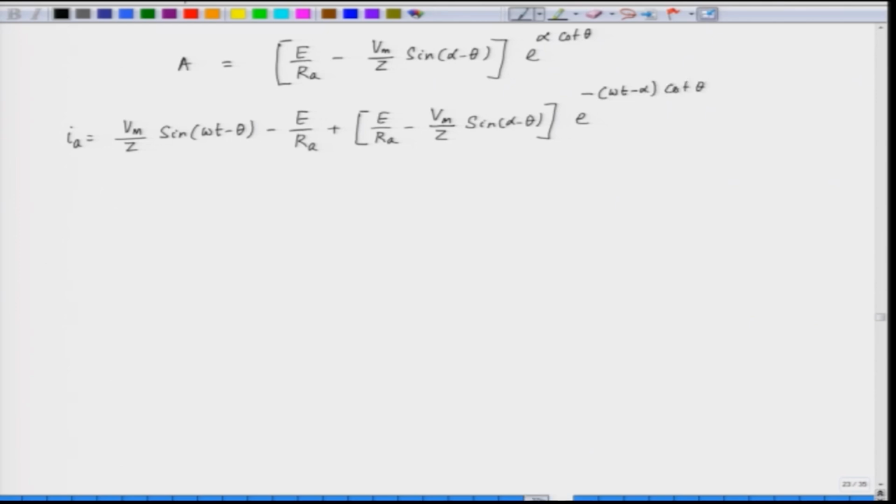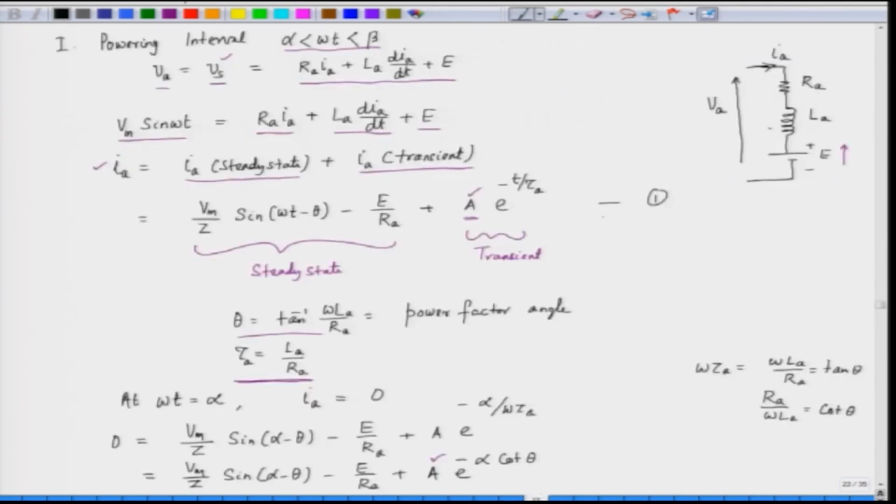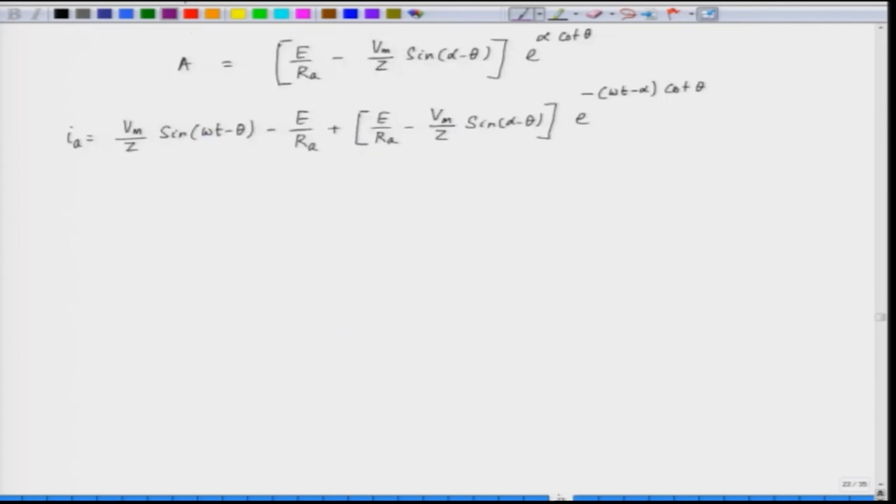So, when you substitute this value of A in equation number 1, we get this equation. This is the equation of current for omega t greater than or equal to alpha and less than beta. So, this is the value of IA.